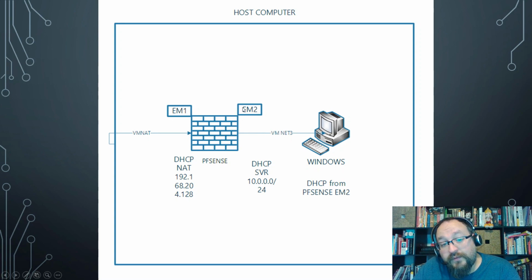We're going to need two Ethernet interfaces on our pfSense virtual machine, which we'll go over today. The DHCP setup will be a 10.0.0.0/24 subnet. The reason we're doing this is to make it completely differentiable between 192 and 10. The routing will happen inside pfSense, so it'll know to take it from EM2 to EM1 when we finalize our setup in Lab 2.